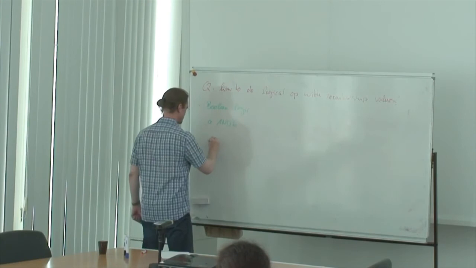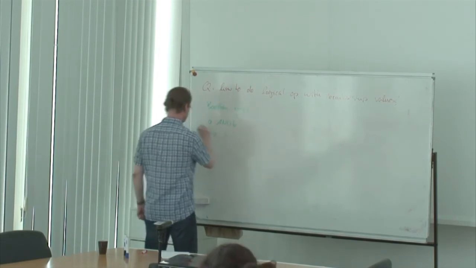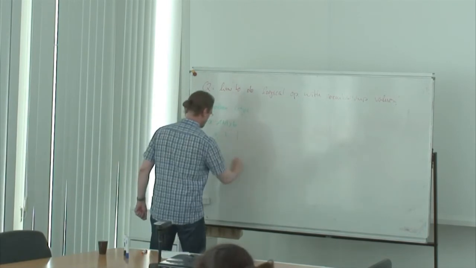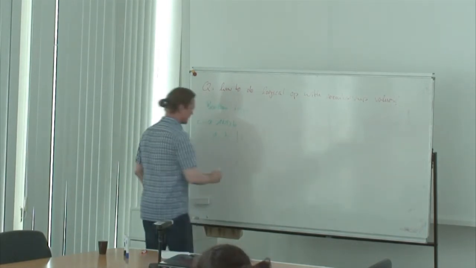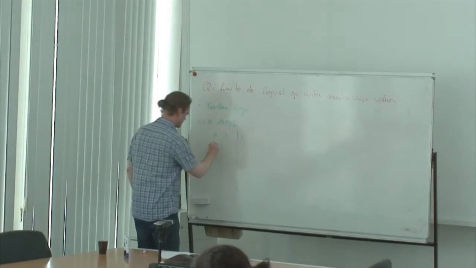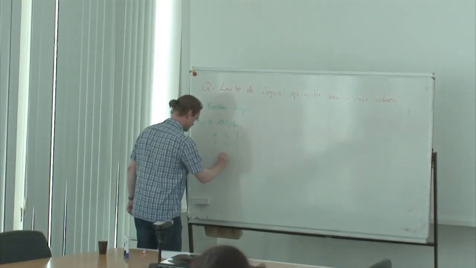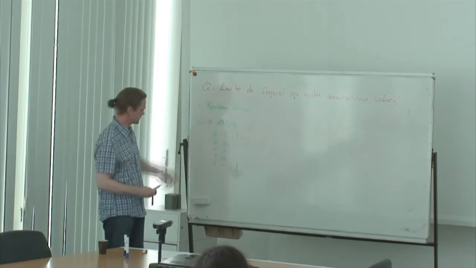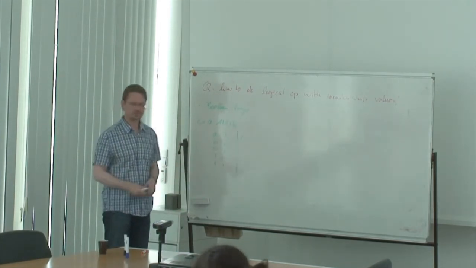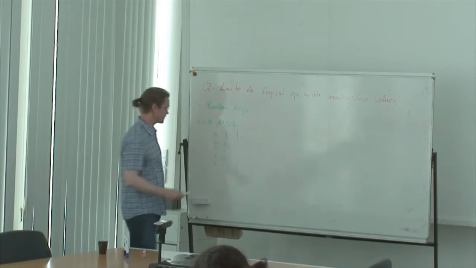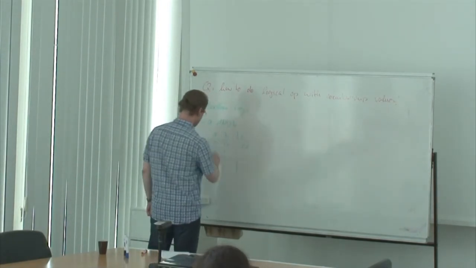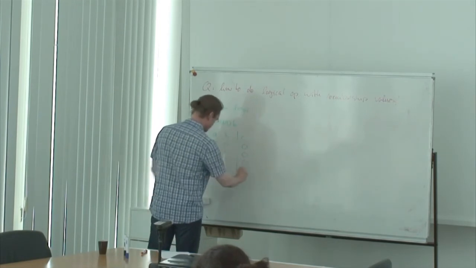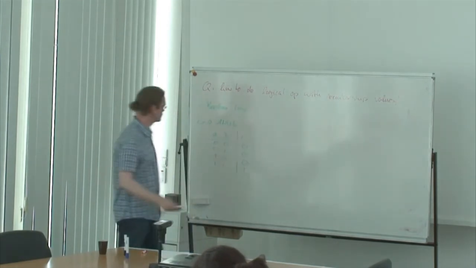We look at these tables: A, B, and C is supposed to be the outcome of A and B. We have 0, 0, 0, 1, 1, 0, 1, 1. Given two Boolean variables, those are all possible instantiations of these variables. We know that 0 and 0 is 0, 0 and 1 is 0, 1 and 0 is 0, but 1 and 1 is 1. That's cool.